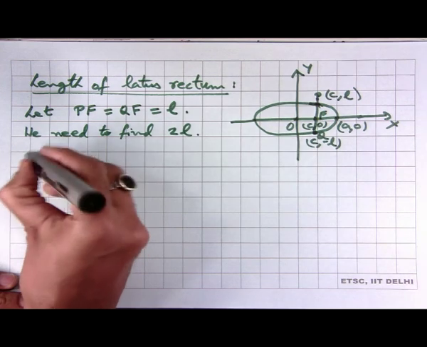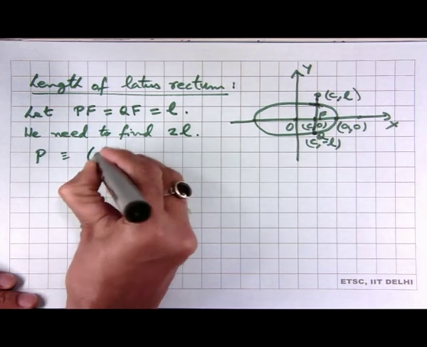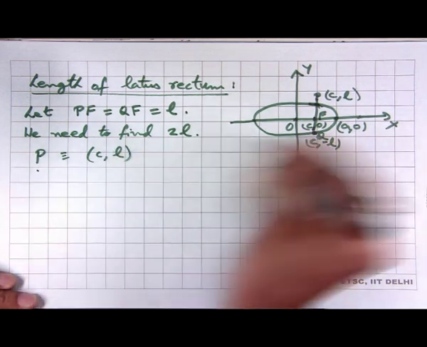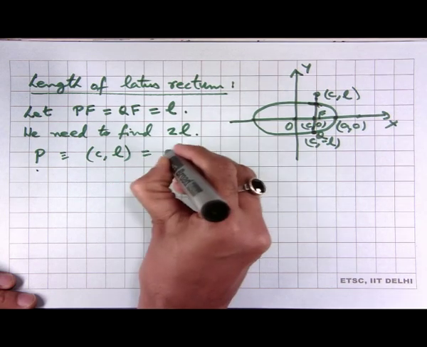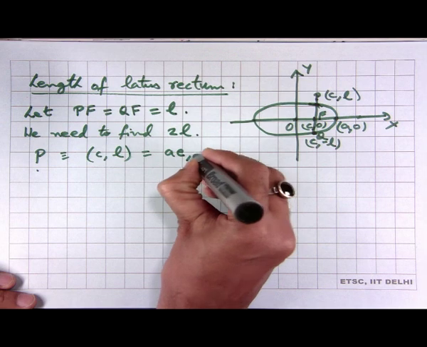Now, the coordinates of P is (c, l). We have seen that c can be written in terms of eccentricity as ae, so (ae, l).